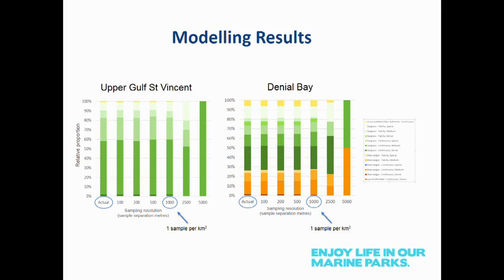So we can probably safely say that with this method and this resolution, we're getting a fairly good picture of what's there in terms of the number of species. We're getting a reasonably good representation of what the proportions of those habitats are spatially, and more importantly, we're getting it at a very low cost in terms of effort.